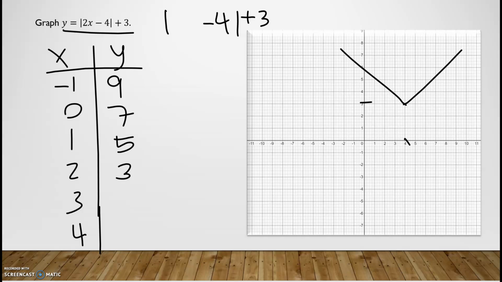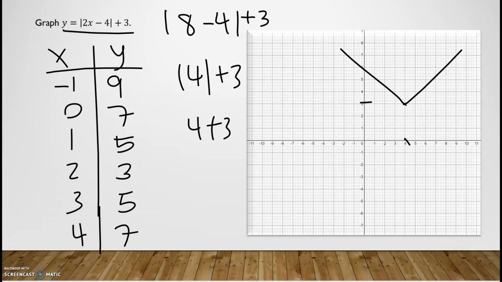Okay, 3 times 2 would be 6. So that would be absolute value of 2 plus 3. So that would be 2 plus 3. So 5. And then 4 times 2. So that would be 8. 8 minus 4 is 4, plus 3. So that would be 7.